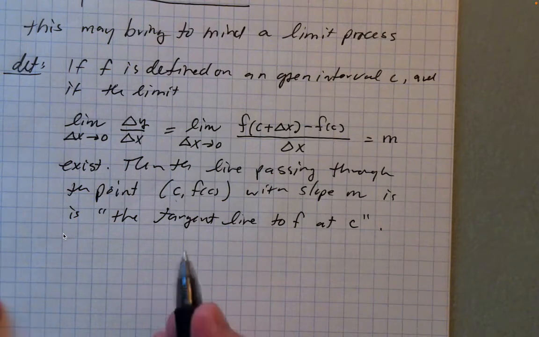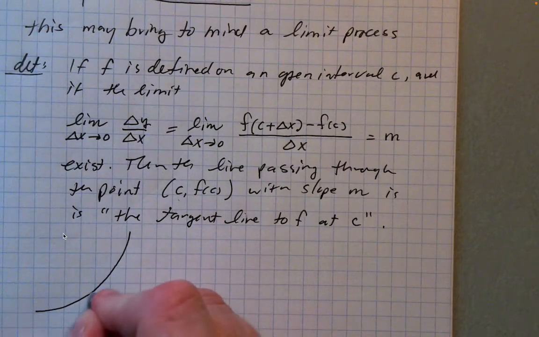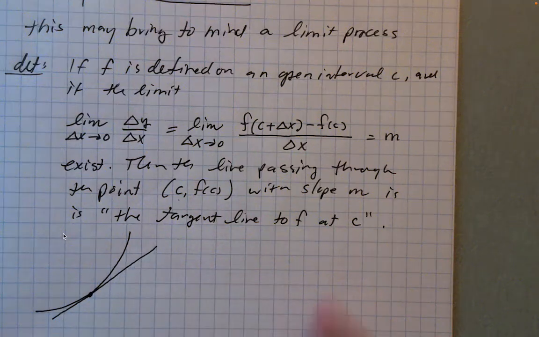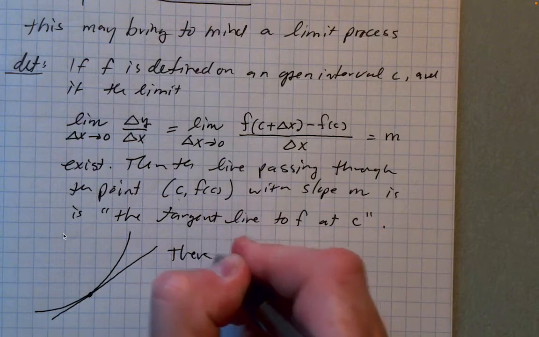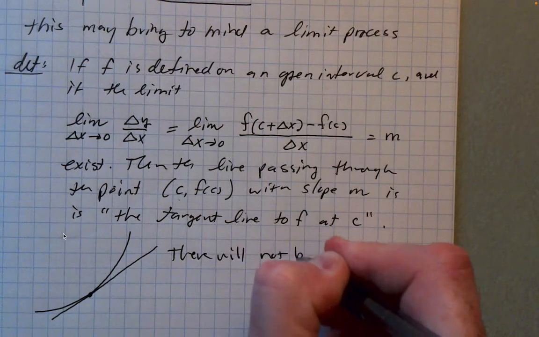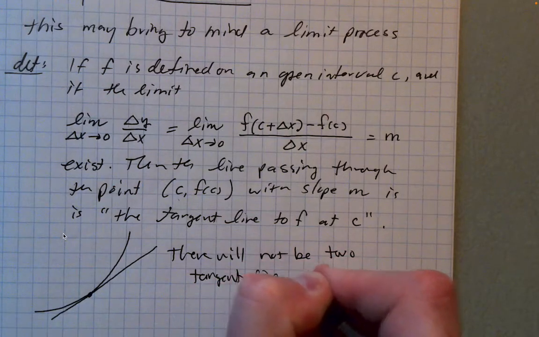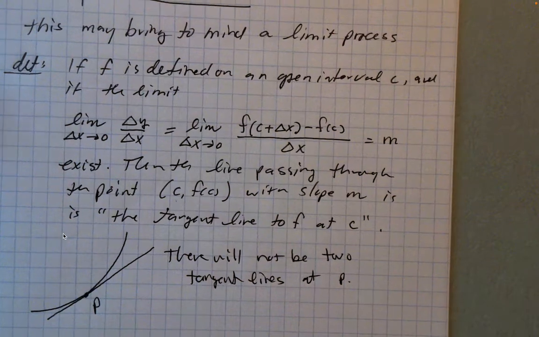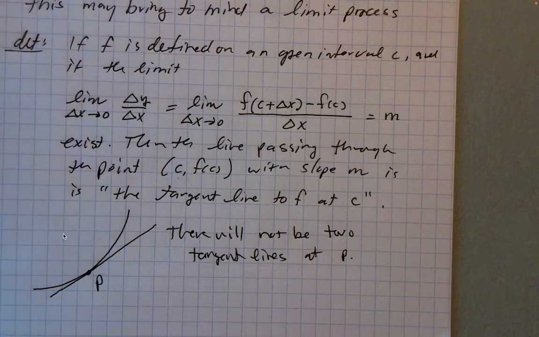Now naturally there's going to be only a single line that does this, right? So if this is your curve, that's your point. There will not be 2 tangent lines at P. Hopefully that's kind of obvious why, but specifically there won't be 2 tangent lines at P with different slopes.